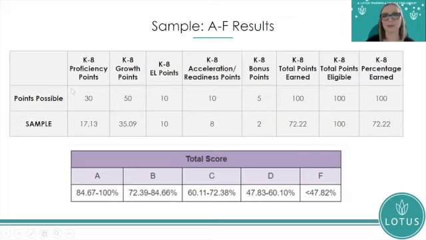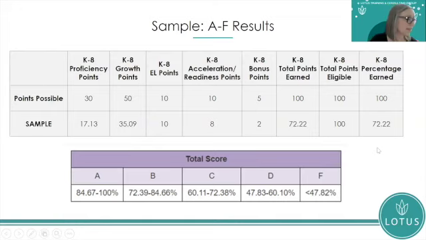So you might have noticed that proficiency points here is potentially an area of improvement, right? 17.13 out of 30. But K-8 bonus points, there are only 5 points here total to be had. But once we start to look at the actual components, these bonus points might be easier to earn than some of these proficiency points. So if you chose either the bonus points or proficiency points as an area of improvement, you're reading and interpreting this data correctly.